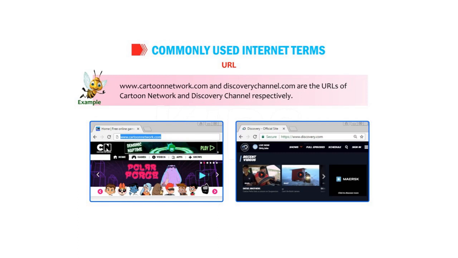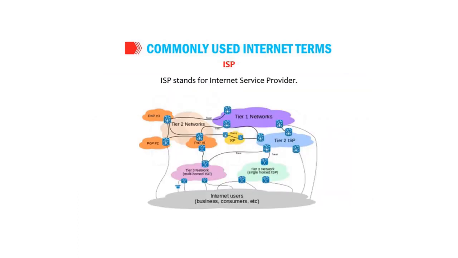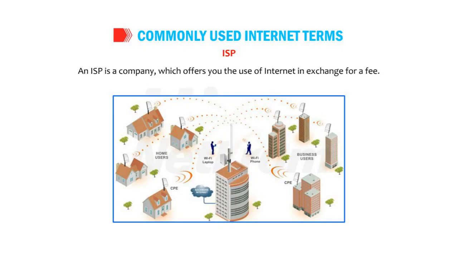Now, next one is ISP. ISP stands for Internet Service Provider. An ISP is a company which provides the internet services to the users in exchange for a fee. It provides services for accessing or using the internet.